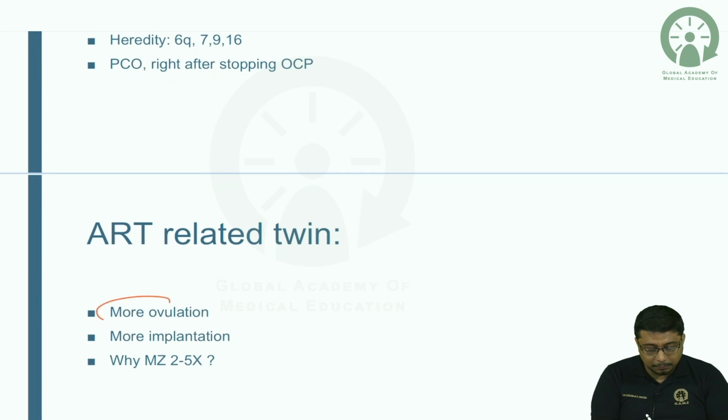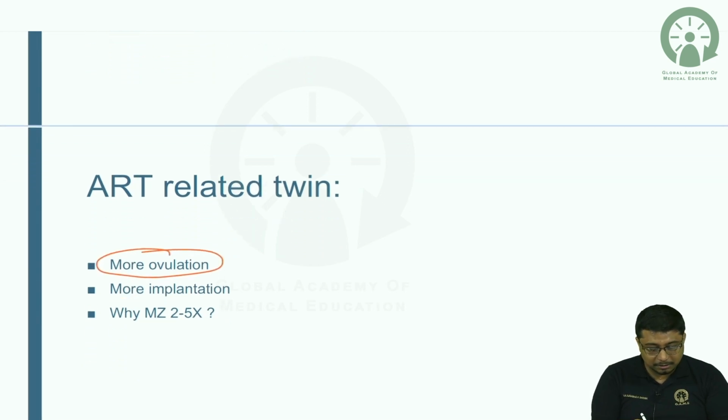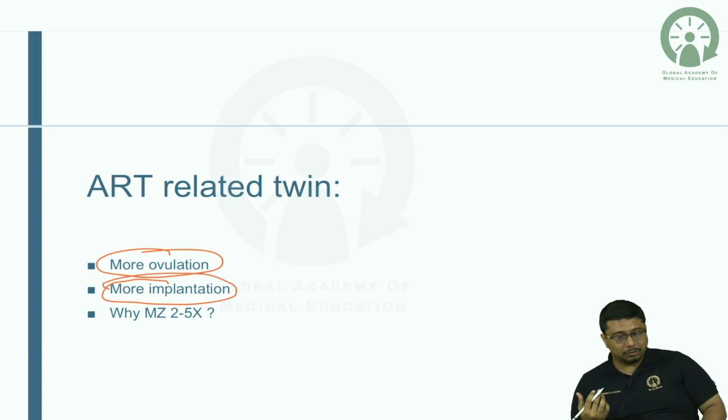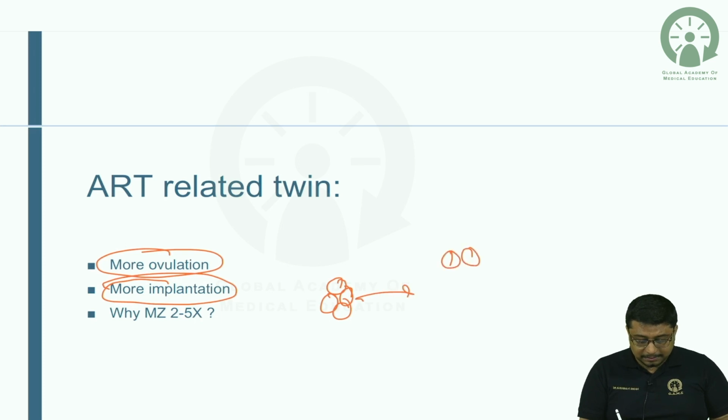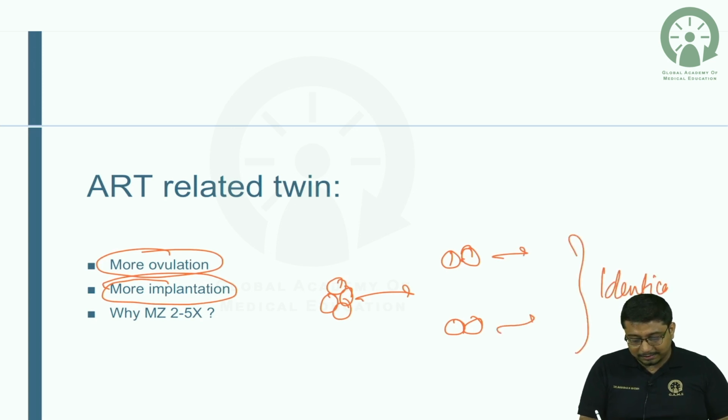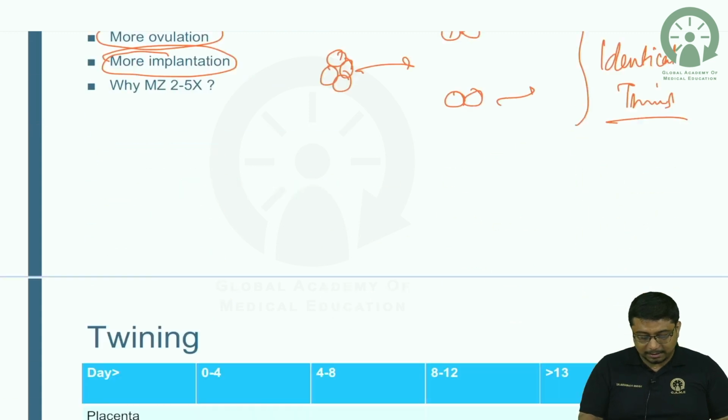So ART-related twins are because there is more ovulation, more embryos are implanted, but also monozygotic twins, because even if we do a single embryo transfer in IVF, in vitro fertilization, the embryos are kind of unstable. So if I transfer a 4-cell stage, most of the time it is seen that they divide into two cell stage and get implanted separately, giving rise to identical twins, right?